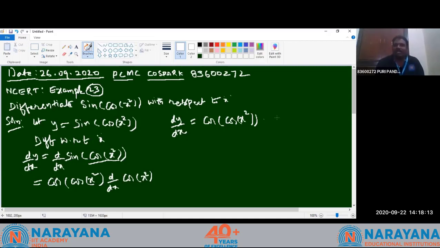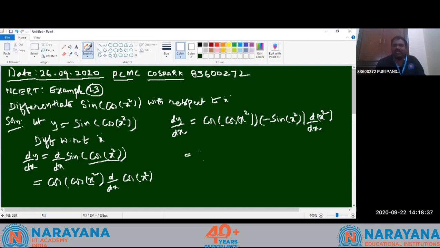That's why we write minus sin of x square, in multiplication, into again the derivative of x square. That means d by dx of x square, which is also an inner function.